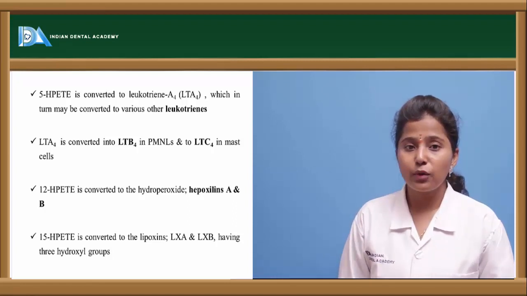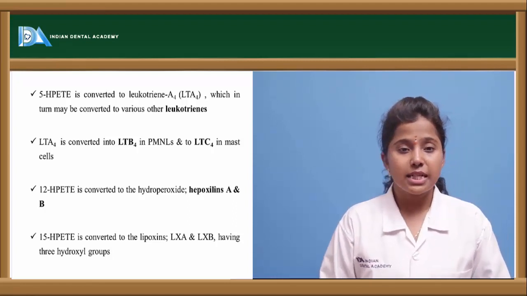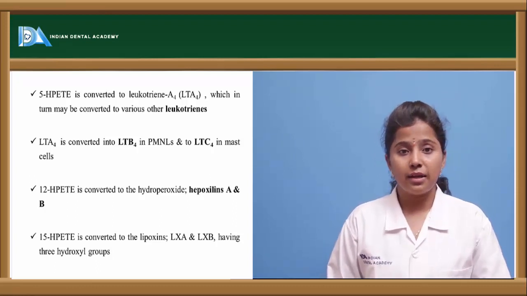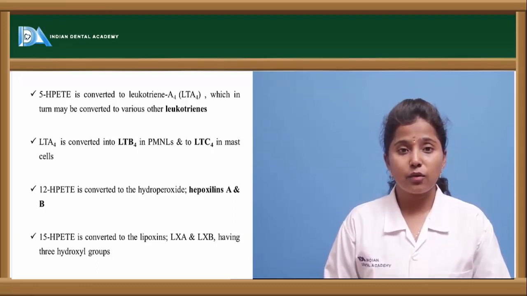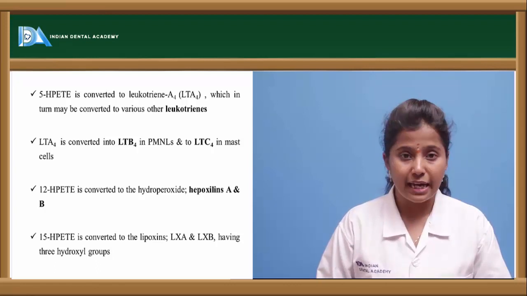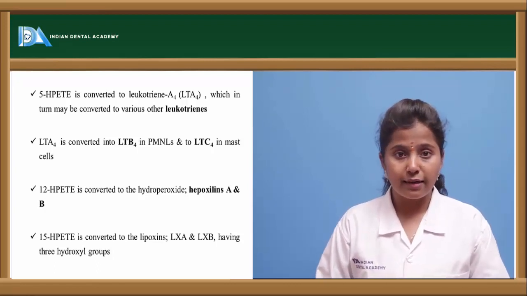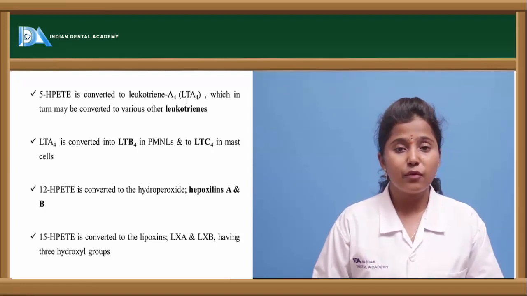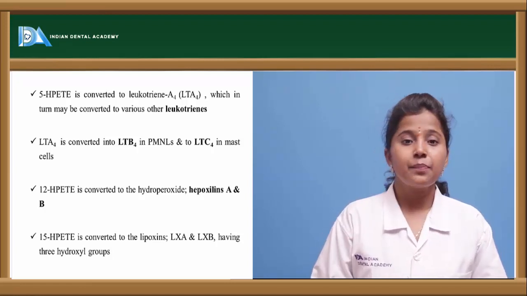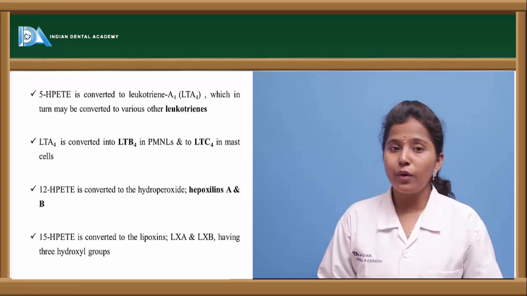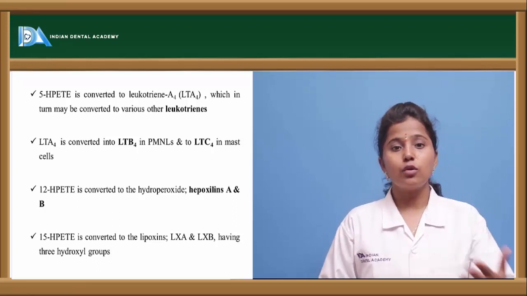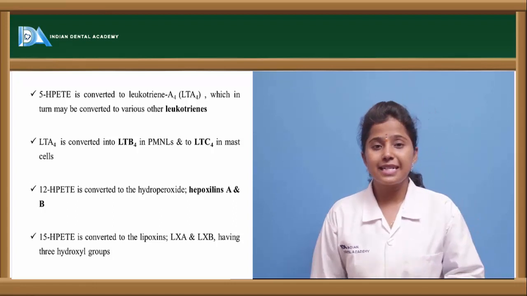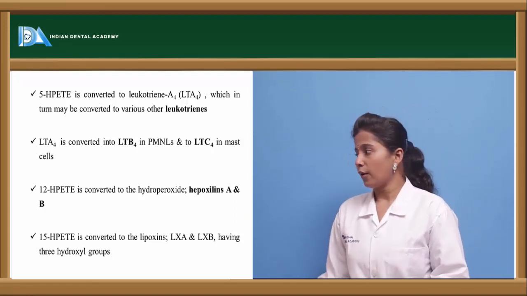These are also types of eicosanoids which are synthesized by the LOX pathway. So the leukotrienes are formed from 5 HPETE, and from 12 HPETE, lipoxins A and lipoxins B are formed.